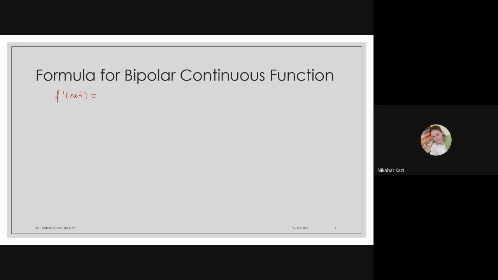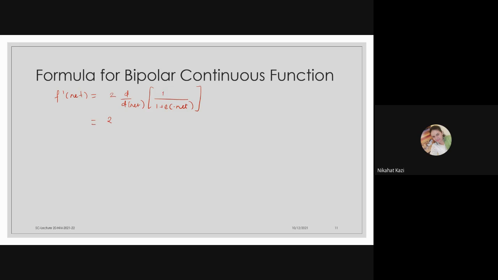2 is a constant. I'm just taking it outside. 2 into the derivative of this, e raised to minus net, right? So what I will do is I'm applying u by v: v du minus u dv by dx.